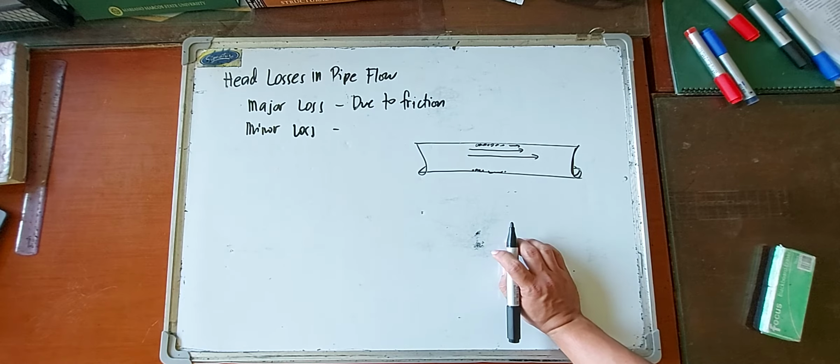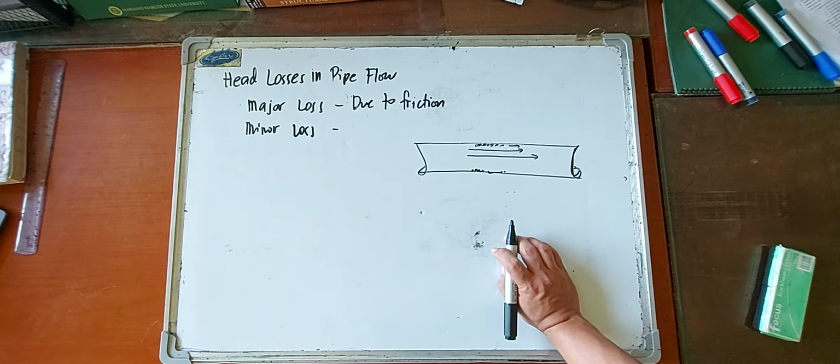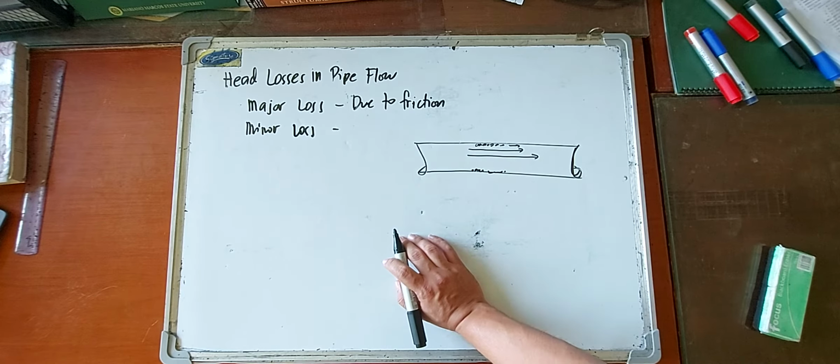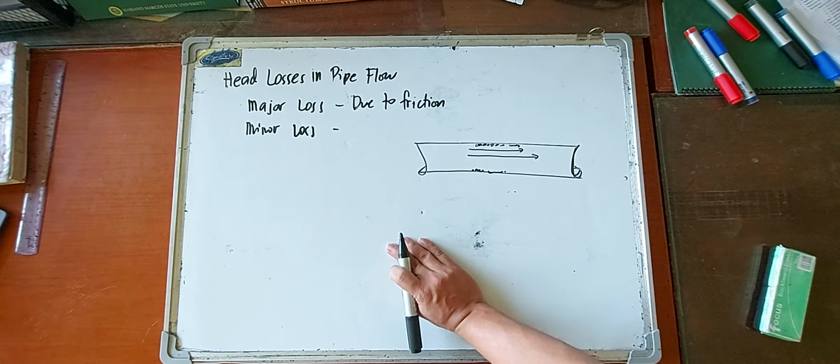the major loss or loss due to friction is directly proportional to the length of the pipe. So pag mas mahaba yung pipe, ibig sabihin mas malaki yung loss of energy, no? Second, the major loss varies to a certain power of the mean velocity v. Okay. So it's also a function of the velocity.